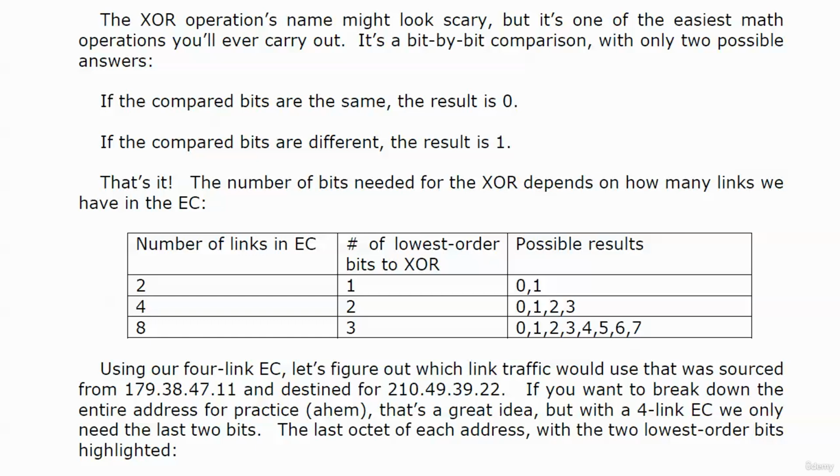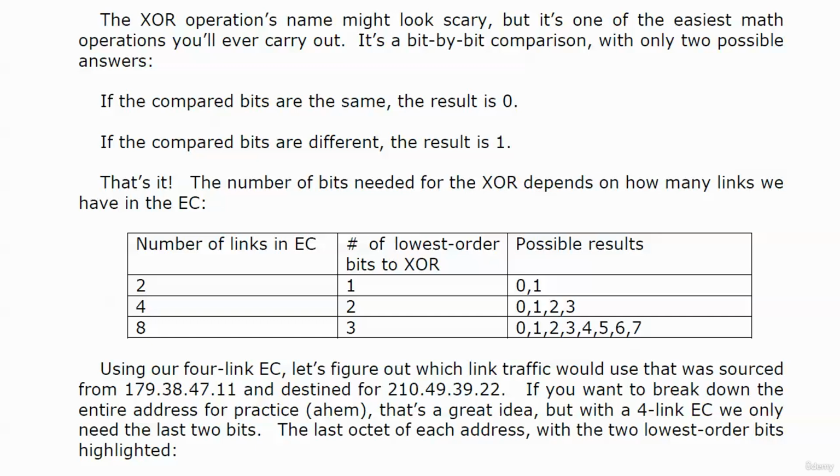With 4 links, we need 2 lowest order bits to XOR, because the possible results there will be 0, 1, 2, and 3, and we need 2 bits to express those values. You see what I'm saying? And then with 8 links, we would need 3 lowest order bits, because the possible results there will be 0 through 7, and to express the highest value there, 7, we have to have 3 bits.